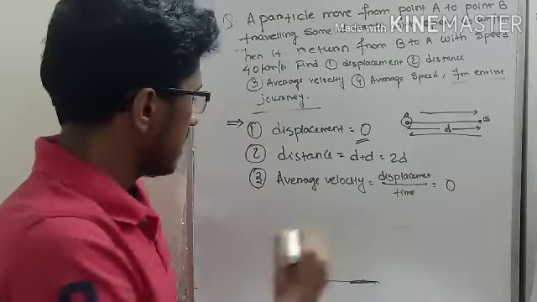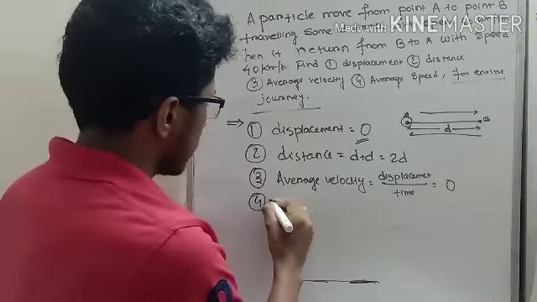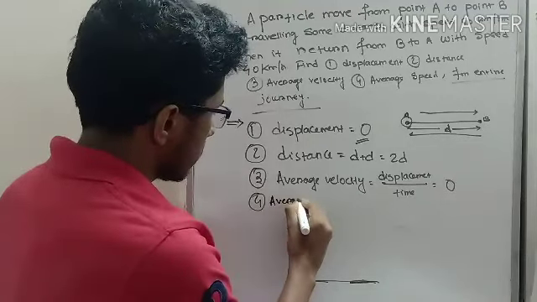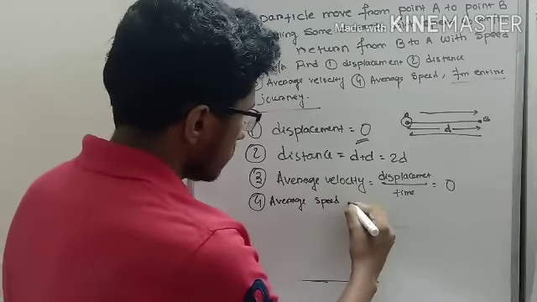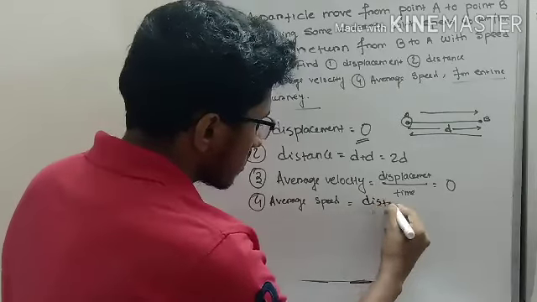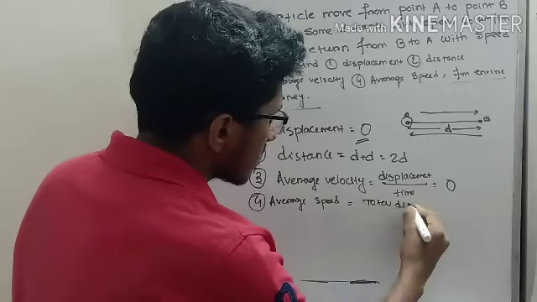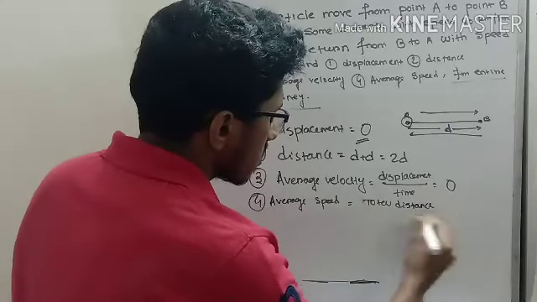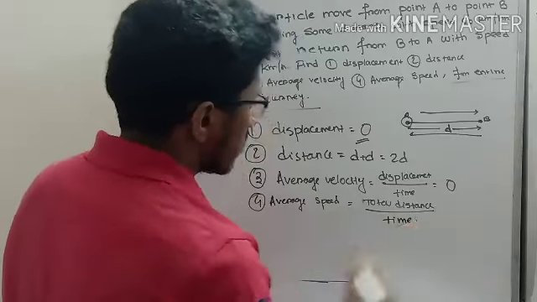Okay. And the fourth is average speed. Average speed is total distance by time.